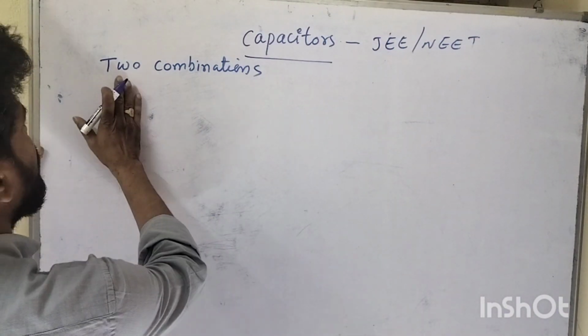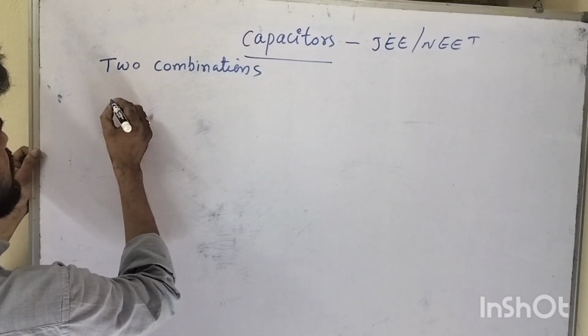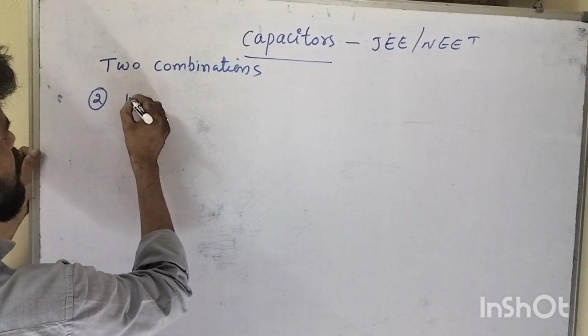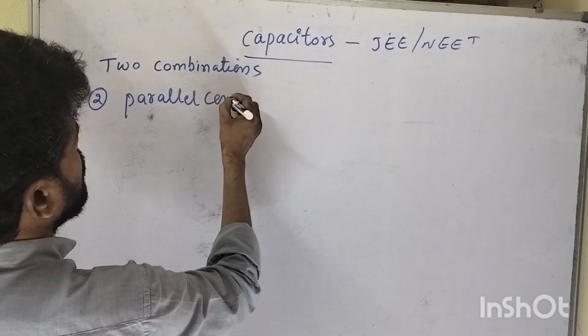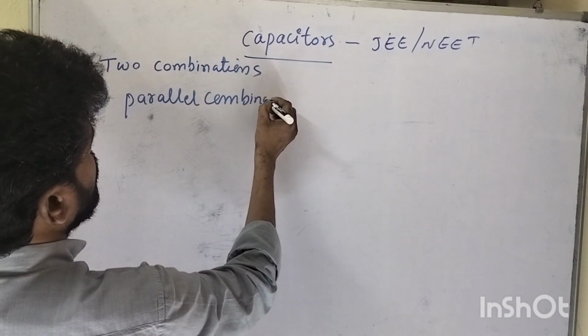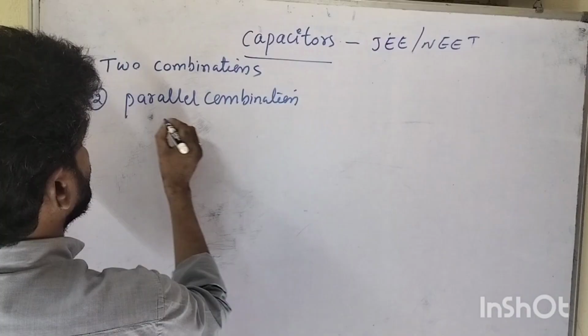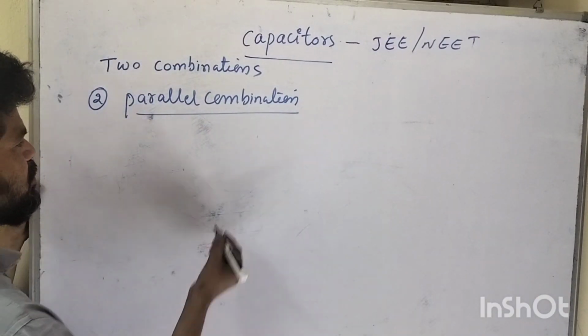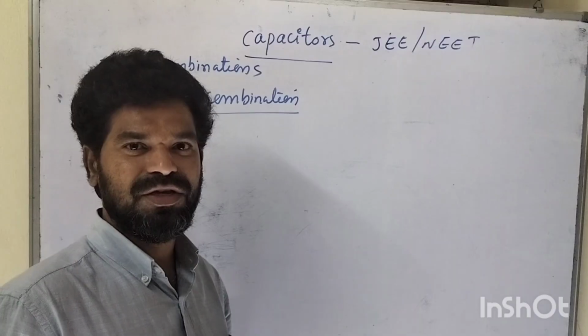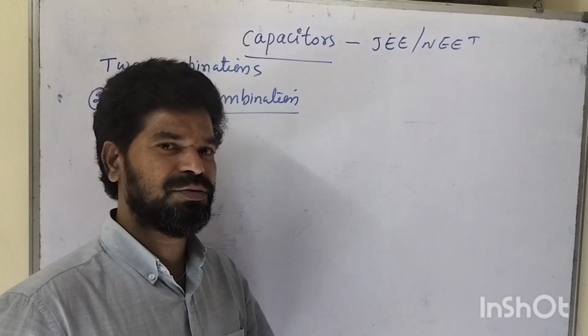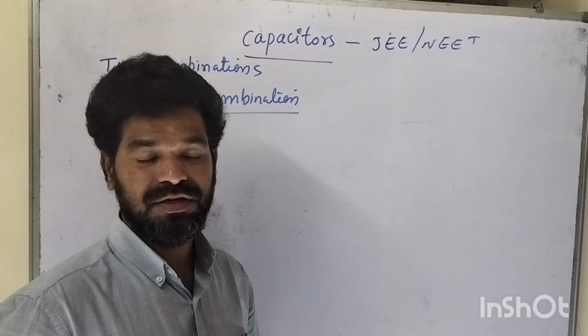And the next one is the parallel combination of capacitors. Second one is the parallel combination of capacitors. So parallel combination here is quite different from the series combination. So what is the series combination? Q is constant and V varies, V changes.